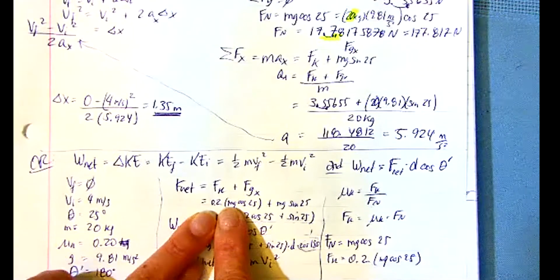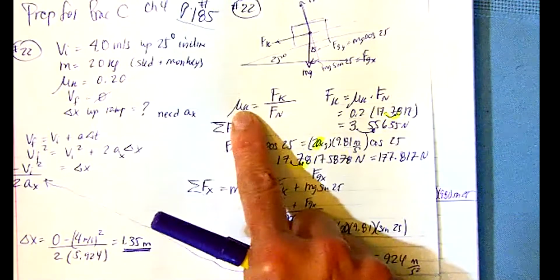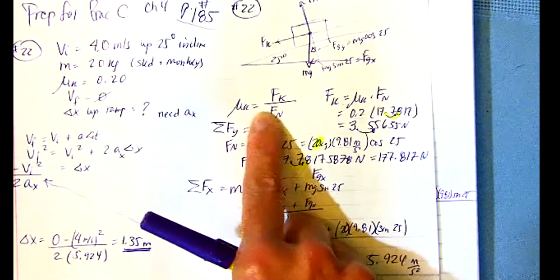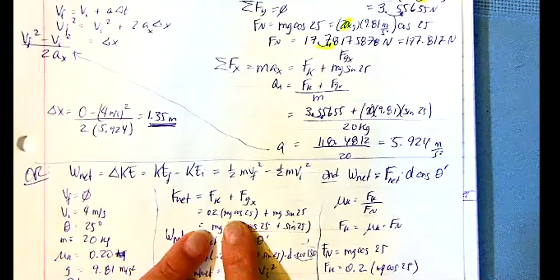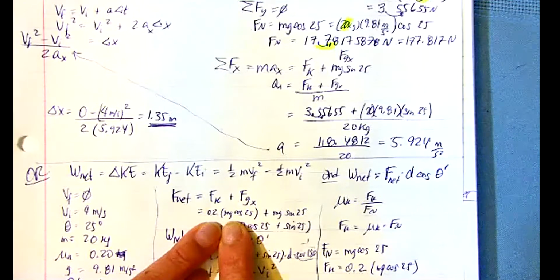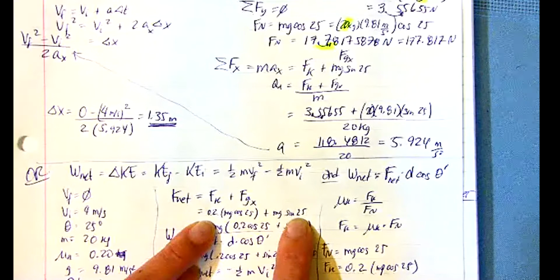Fk, of course, we still had to use that equation with the coefficient of friction. Fk is going to be coefficient of friction times Fn. And Fn, we realized by looking at the picture, was mg cosine 25. So there's our Fk, and here's our Fg in the x direction.